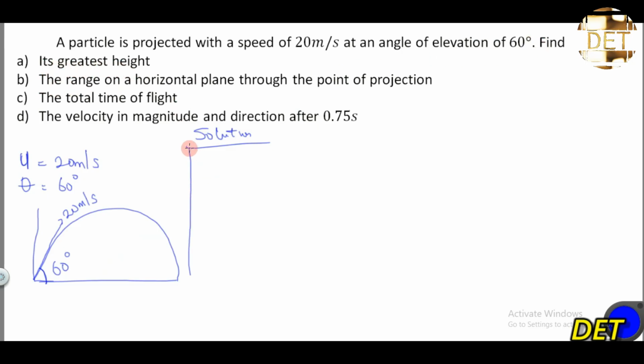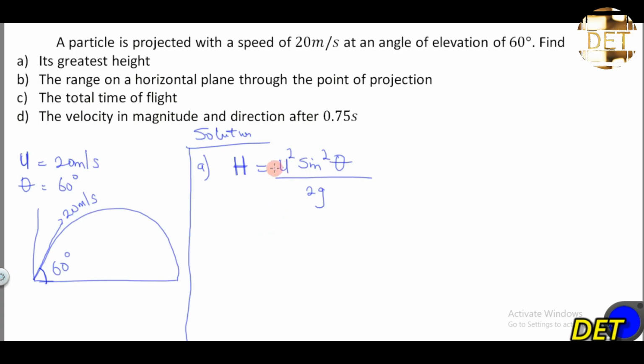We are asked to find its greatest height, which is the maximum height. The formula is h, the maximum height, equal to u squared sine squared theta over 2g.